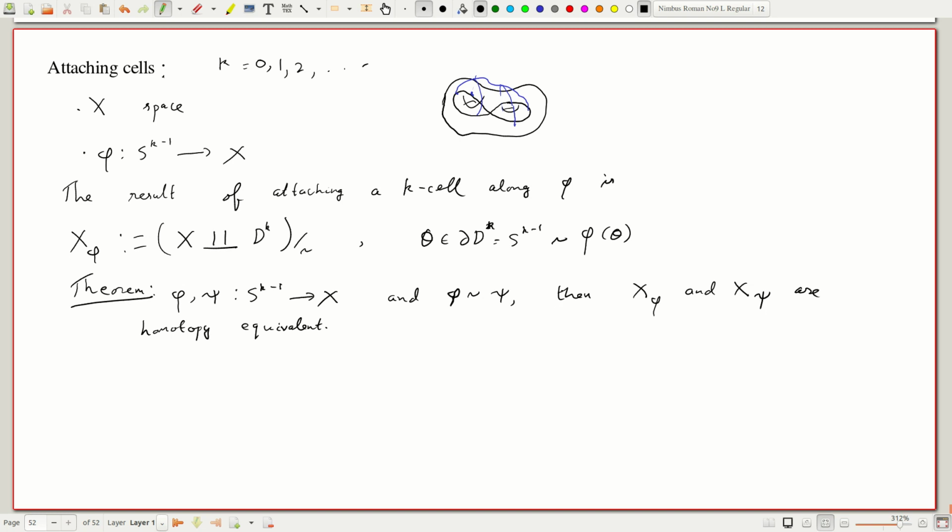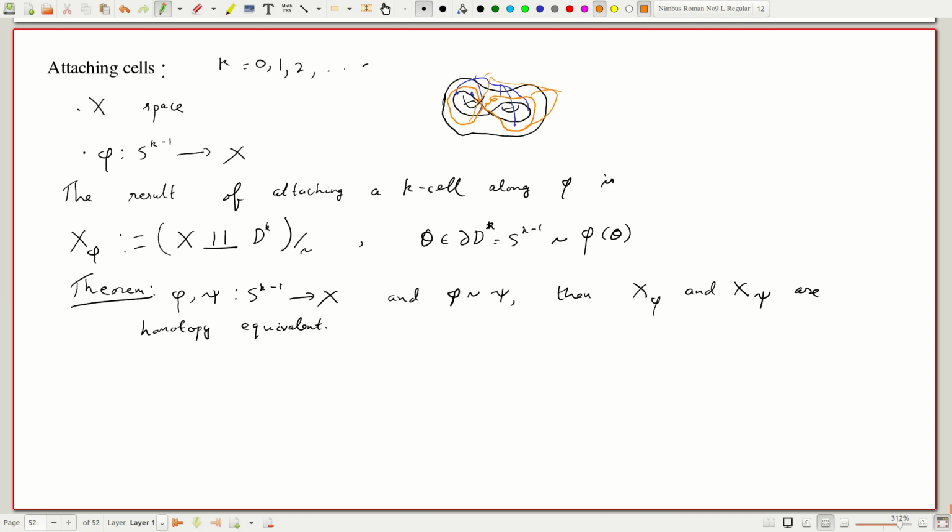Not that it's directly used here that much. So what is the idea? I have attached along this black curve here. Suppose I instead attached along the curve which was like this. Well, this is homotopic to the original one, and let's use the same orange color for the cell as well.